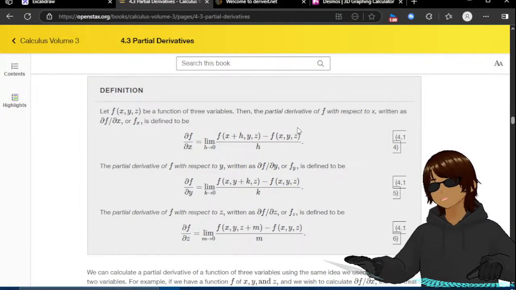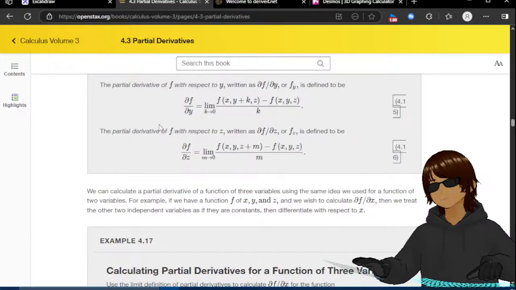Then the partial derivative of f with respect to x, written as partial f with respect to x, is defined to be this. The partial derivative of f with respect to y, written as this, is defined to be this.